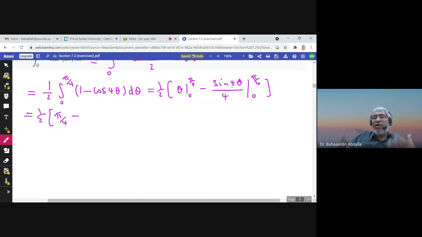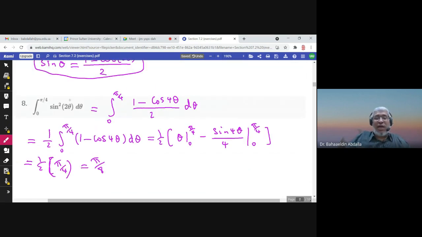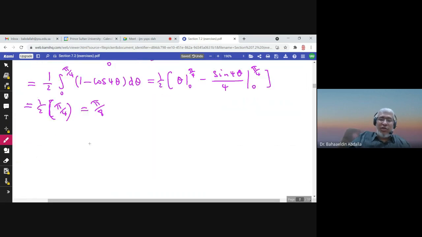Sine pi is 0. So minus sine 0 is also 0. So there is nothing here, because sine of pi is 0 and sine 0 is 0. So the final answer is just pi over 8. And you can again put this in the calculator and check that the answer is correct.